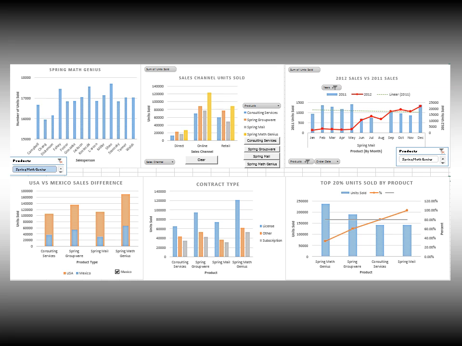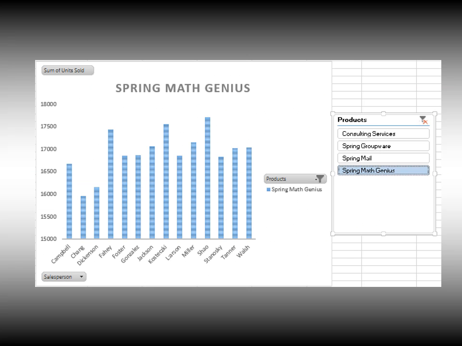On my first chart, I used the slicer that compared the units sold by each separate salesperson. On the right, you can see my slicer where I have consulting services, spring groupwear, spring mail, and spring math genius.